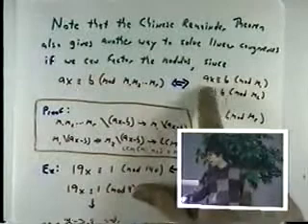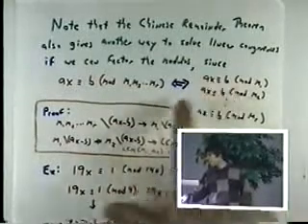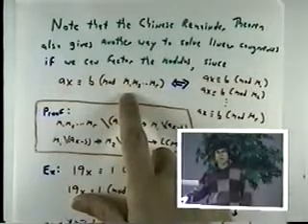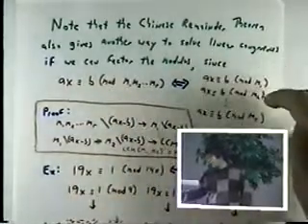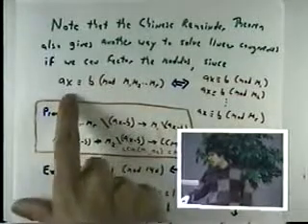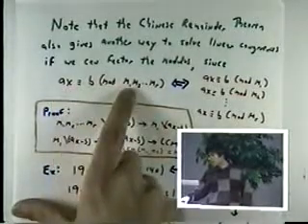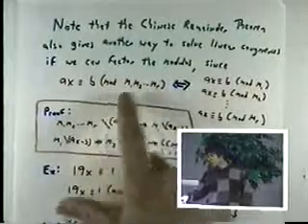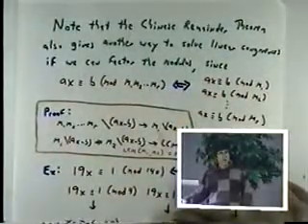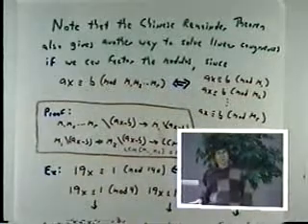If AX minus B is divisible by all these guys, is it divisible by M1? Certainly, it's divisible by M1, it's divisible by M2, and so on. So certainly, a solution to this is also a solution to that. And my claim is vice versa.